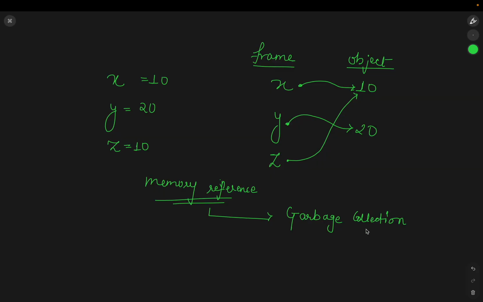Garbage collection says that whenever I declare something inside Python and in the near future it becomes of no use, how is that data going to get deleted from the memory?